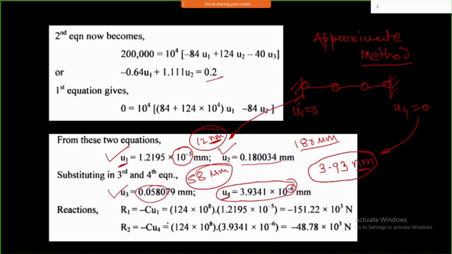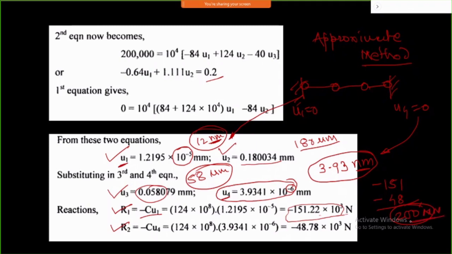Once you got all these displacements, now you go on substituting these values to determine R1 and R2. R1 into U1, you can put this value into R1. U1 you will get this equation. So 151 is one reaction, 148 is another reaction. So altogether it will come somewhere near 200 kilonewton but will not be exactly equal to 200 kilonewton.